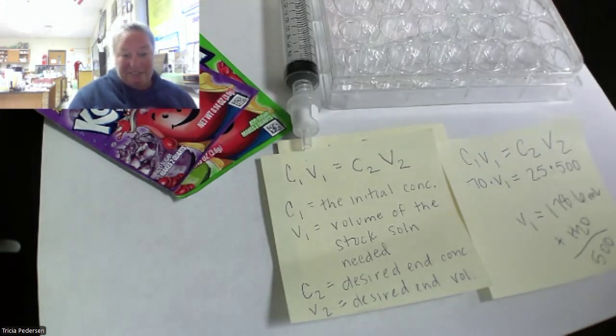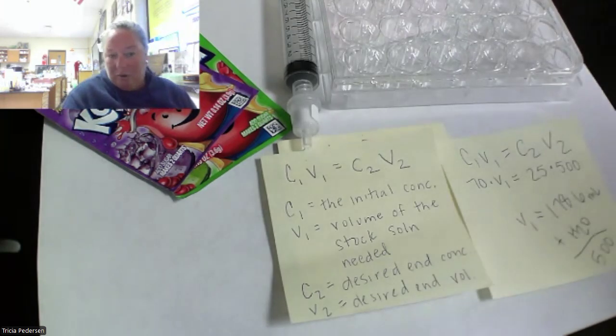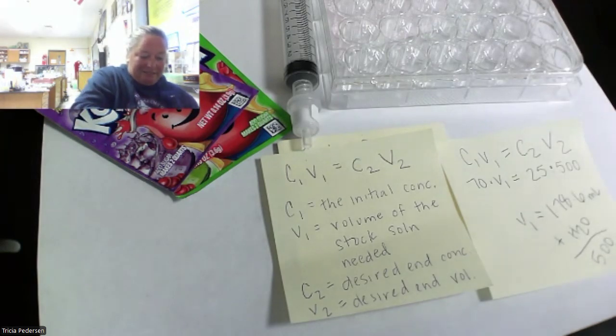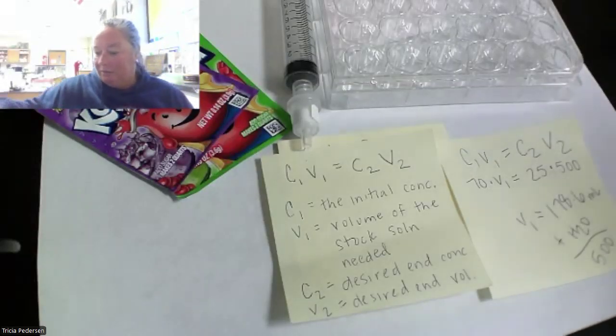So we're diluting the 70 down to 5. So if you have your C1 V1 equals C2 V2 equation, you guys want to fill in the variables? So C1 is going to be 70, solving for V1, and our C2 is now going to be 5%, and we still want to make 500 milliliters.